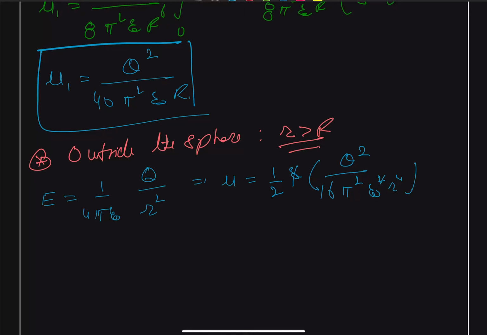Therefore we get u is equal to 1 by 2 times q square upon 16 pi square epsilon naught r raised to power 4, that is q square upon 32 pi square epsilon naught r raised to power 4.